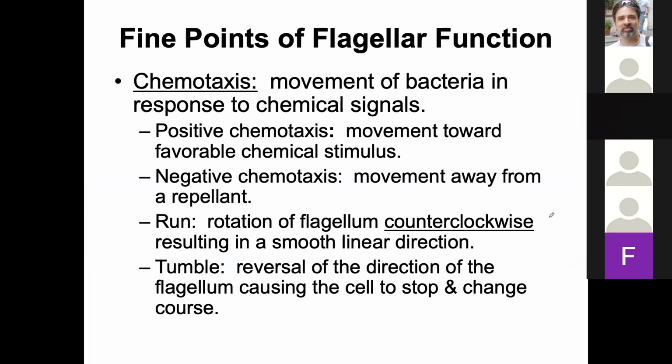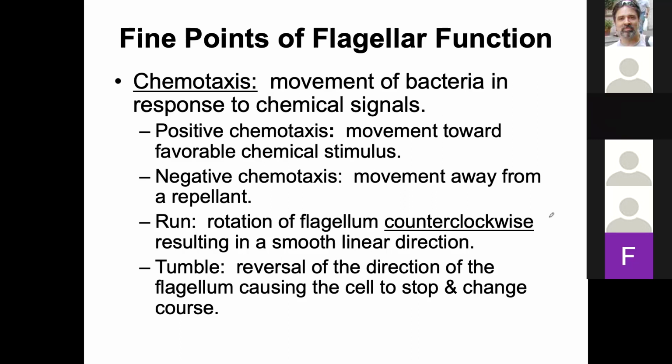The run results from a counterclockwise spinning of the flagella so that it zips in a straight line, whereas a tumble is a clockwise rotation of the flagella, and that cell then stops and changes its direction, and then you can have a run in the other direction.